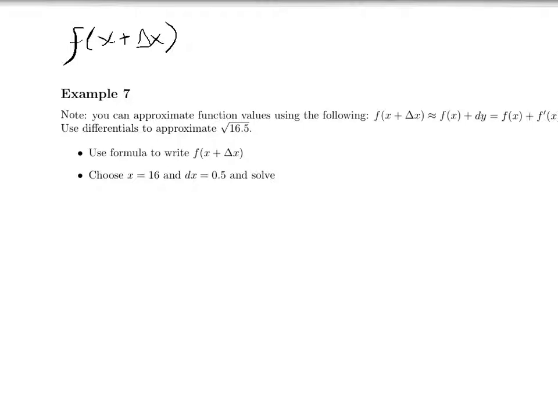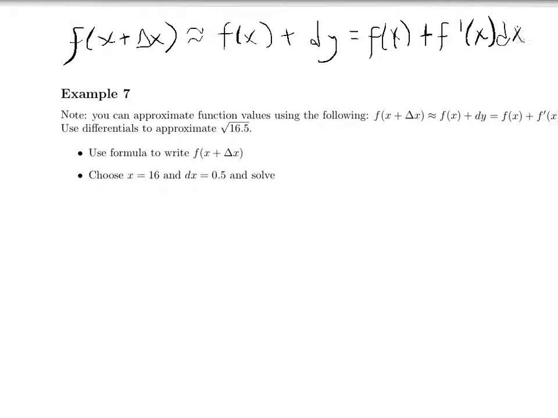So there's our error. It's going to be approximately equal to our original function plus our differential. Okay, which we already know what our differential is equal to, right? It's f prime of x times dx. Okay, by definition, that's what dy is, right?